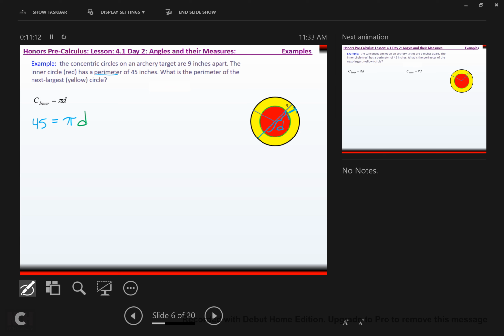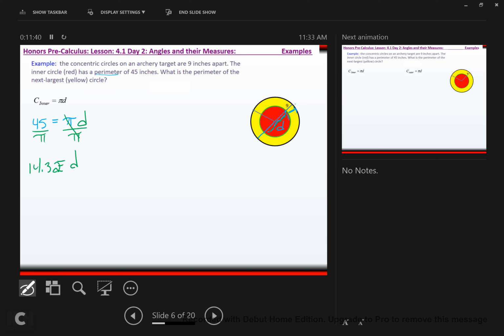To figure out what the diameter is, I'm going to divide by pi. The diameter of the little circle, 45 divided by pi, is 14.32.